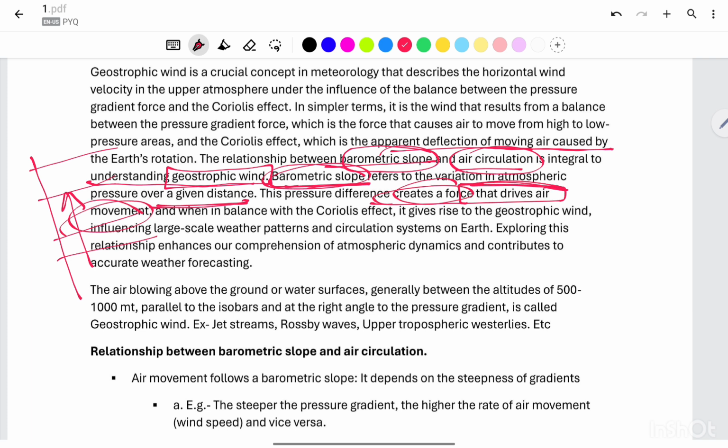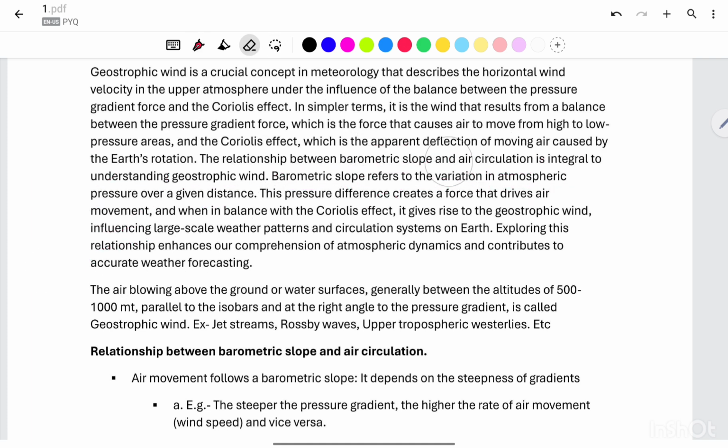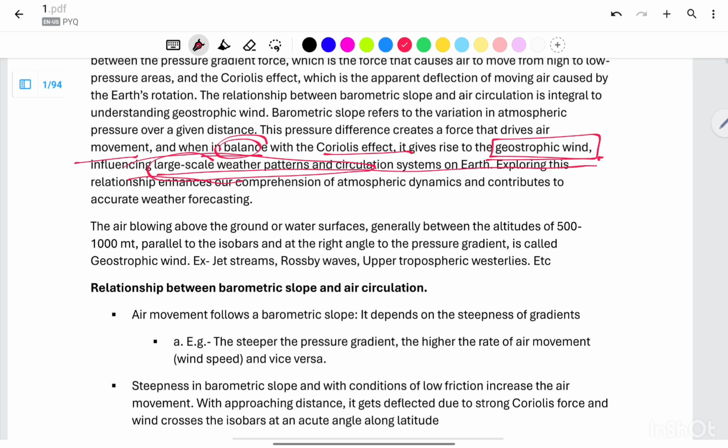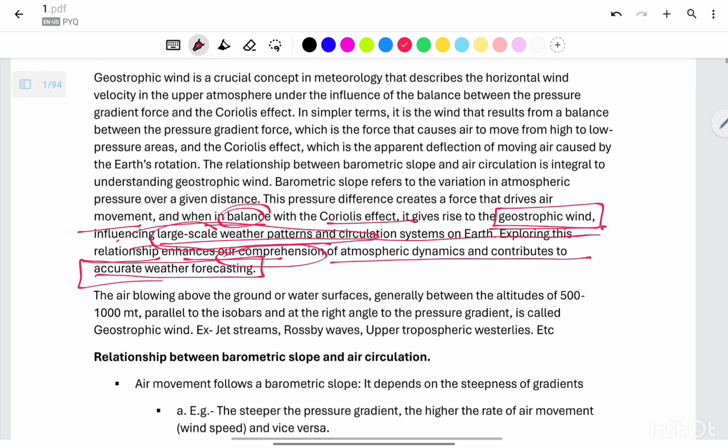It creates a force which drives the air movement, and when in balance with the Coriolis force, it gives rise to the geostrophic winds, right? Influencing large scale pressure, weather patterns and circulation systems on the earth. Exploring this relationship enhances our comprehension of atmospheric dynamics and contributes to accurate weather forecasting.